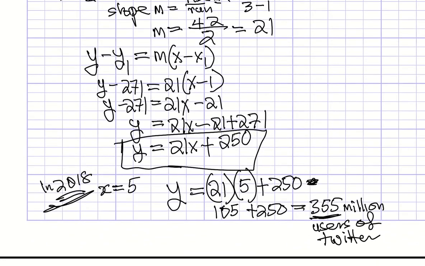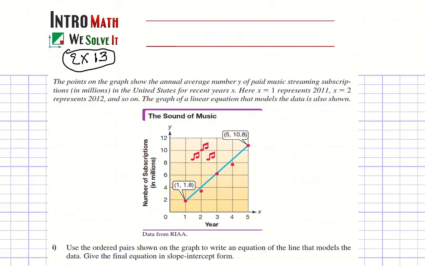All right, here is the next problem, number 13. Okay, it says the points on the graph show the annual average number y of paid music streaming subscriptions in millions in the United States for recent years x.